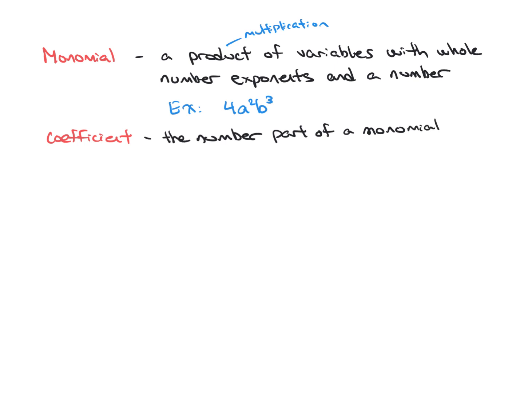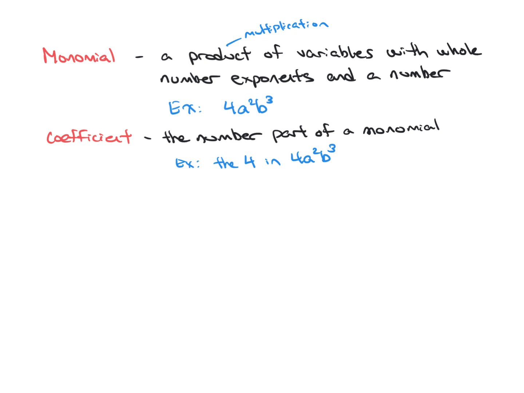And by the number part, I mean, in the example above, the 4. So the 4 in 4a squared b cubed. Okay, so the number part does not mean the exponents. It means the number that's in front of it all, that's being multiplied to the variables. The number in front is called the coefficient.